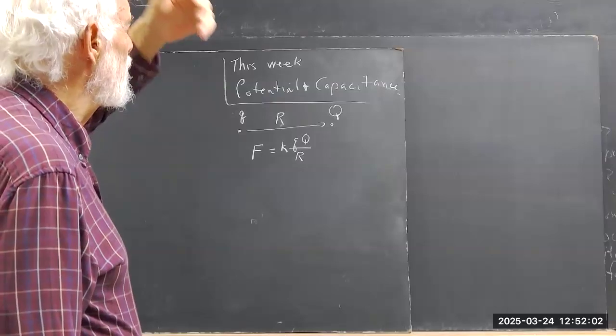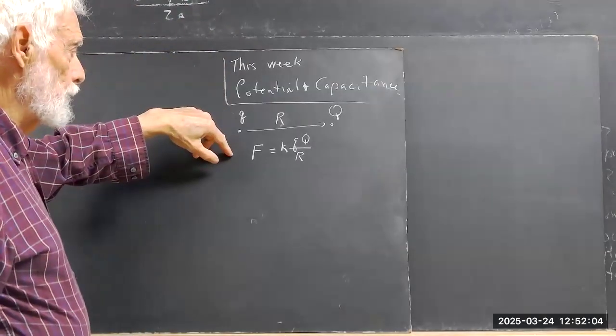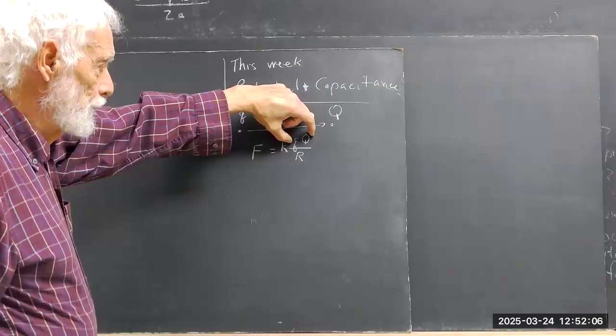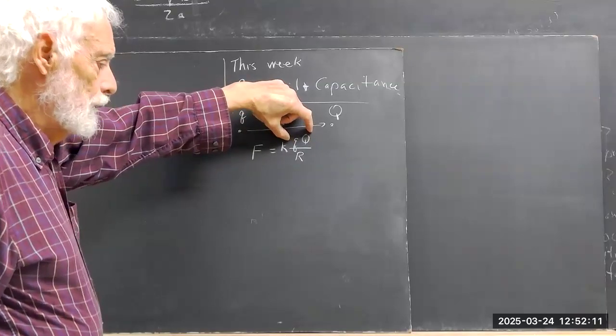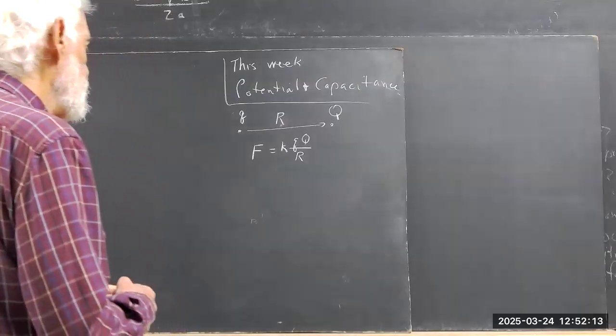And that's the magnitude of the force. It's a repulsive force if these are like charges, attractive force if they're unlike.